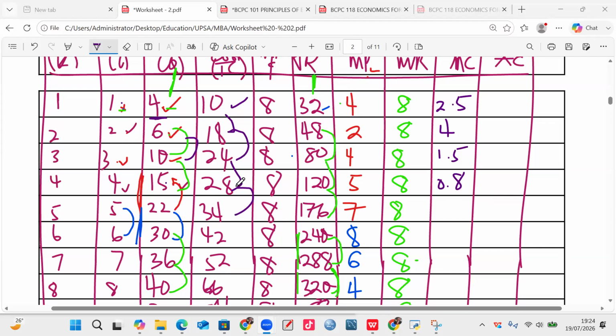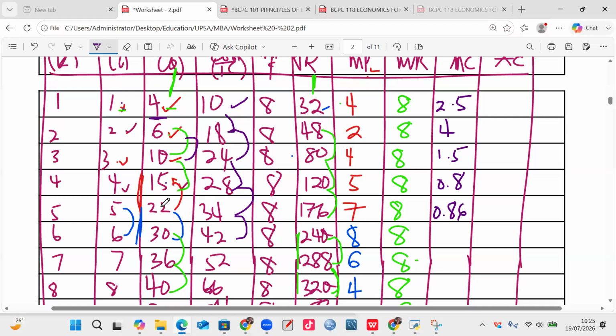34 minus 28. What do we have? 6. Divided by 22 minus 15, what do we have? 7. So 0.8586. Then 42 minus 34 divided by 30 minus 22: 1.